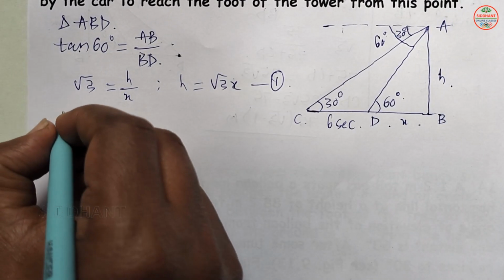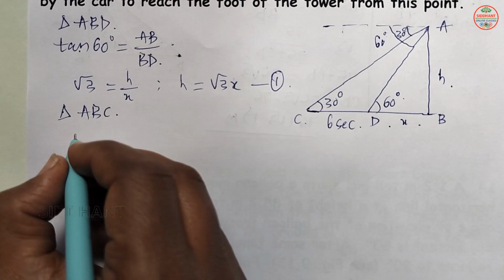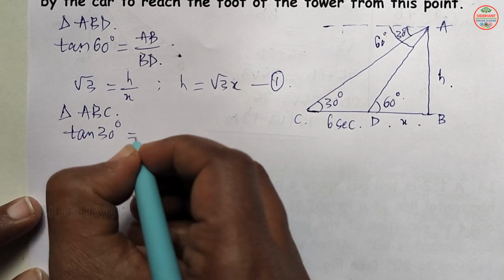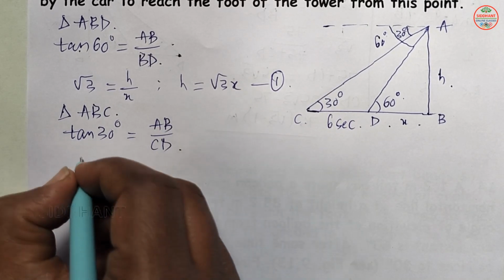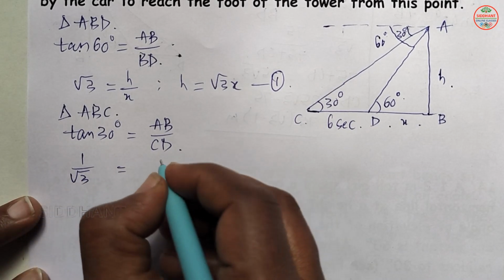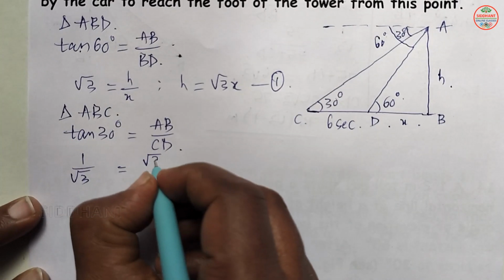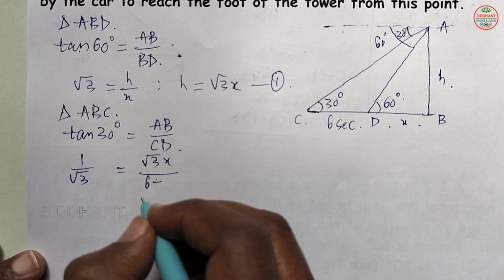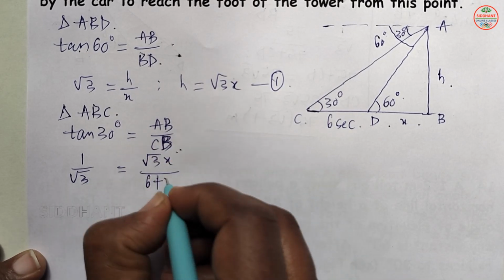Next, in triangle ABC, when we take tan 30, that is AB by CB. Tan 30 we know is 1 by root 3, that equals AB, which is H. H we got in equation 1, that is root 3 X, by CB, which is 6 plus X here.